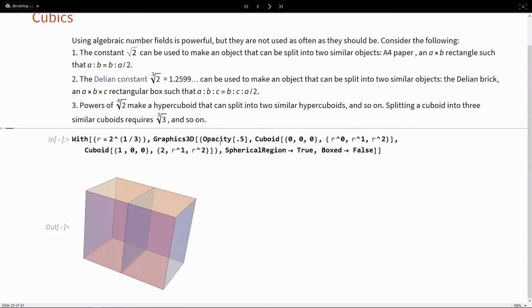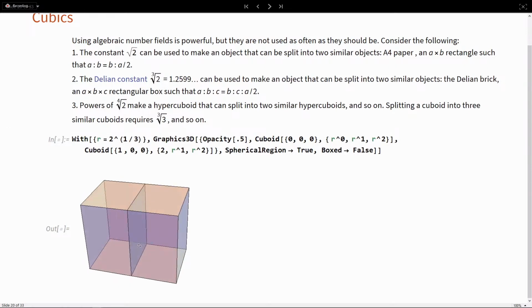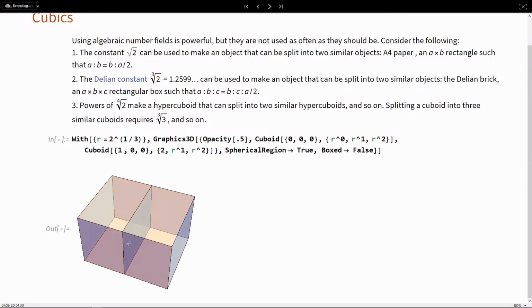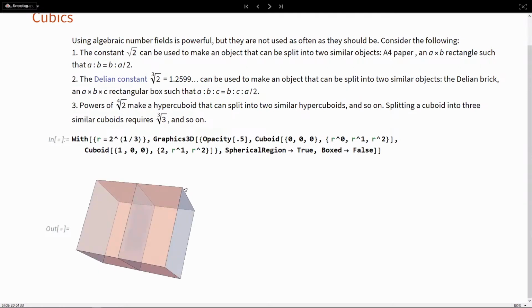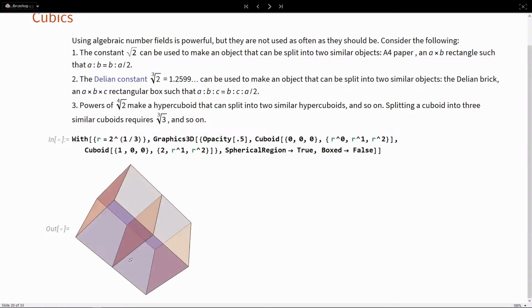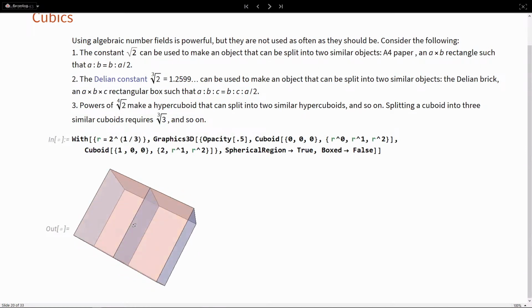Well, one other doubling you can do is if you take a cuboid with one point at the origin and the other point at powers 0, 1, and 2 of the cube root of 2, you get this cuboid here, which can be divided into 2 cuboids, each similar to the original cuboid. And I call this the Delian brick, after the Delian problem.